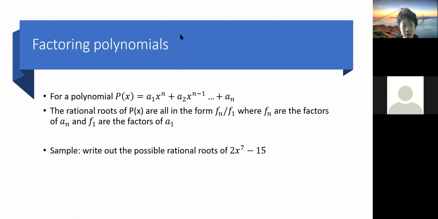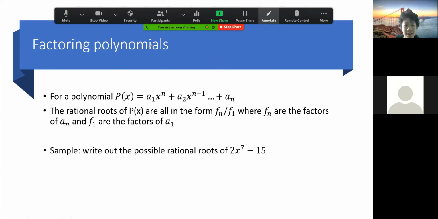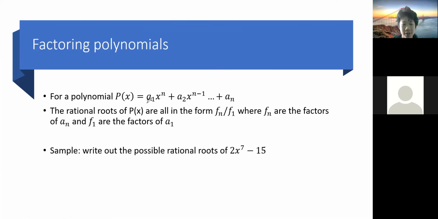So first of all, if you want to factor a polynomial, let's say we have this polynomial. This looks a little complex, but it's basically just saying that this is the first coefficient, this is the power, the second coefficient, the next power. See that it's one less, and then we go all the way to the end. That's just how we're going to generally write a polynomial.